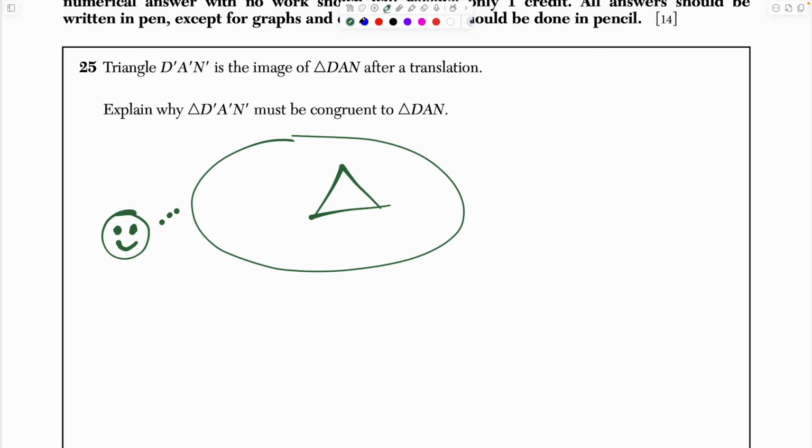Now, at least what we're going to write for the geometry regents when we're explaining is that a translation is a rigid motion. And a rigid motion preserves distance and angle measure. So that's why the new triangle over here is the same as the old one. Because when you move it, you're not changing the side lengths or the angles.